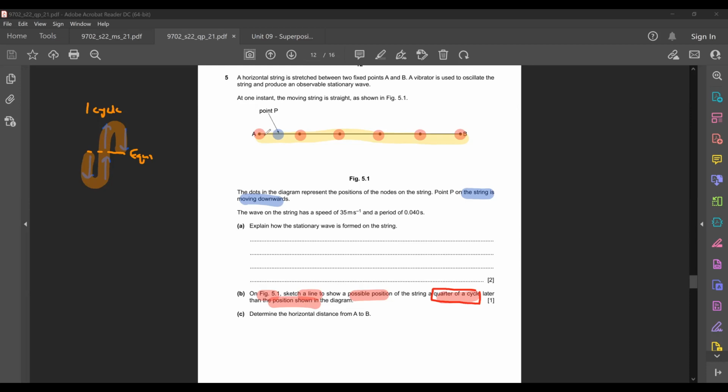So all those particles between the first pair of nodes would have moved downwards like this. And then for the next pair of nodes, the particles will have moved outwards to this position here. So you repeat the pattern, you're going to get a sinusoidal curve like this. So let me just redraw them properly for you.